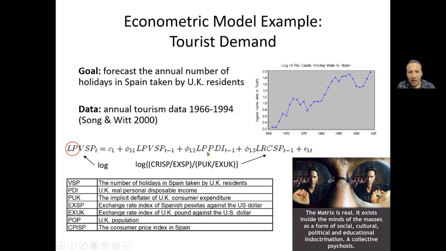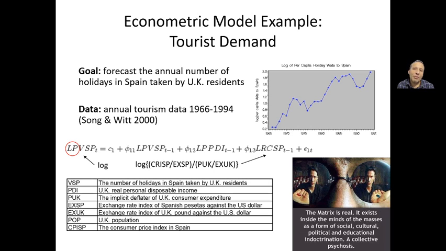And we have another variable, which is PDI, UK real personal disposable income, and also CSP, the consumer price index in Spain, divided by all these variables, so the implicit consumer. So as you can see, we can model different types of examples for tourist demand.